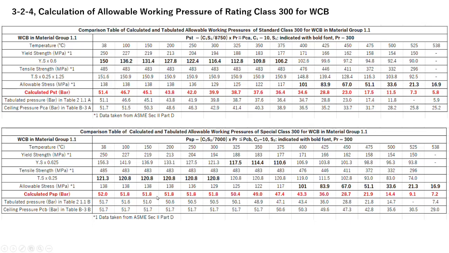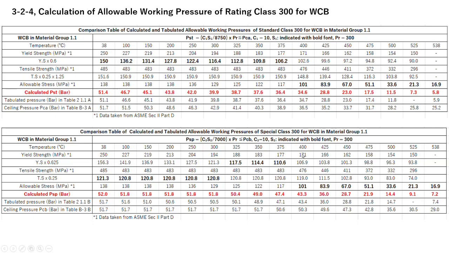So still lower value indicated for yield strength level. So assign the 110.6 for S2 with the bold font.